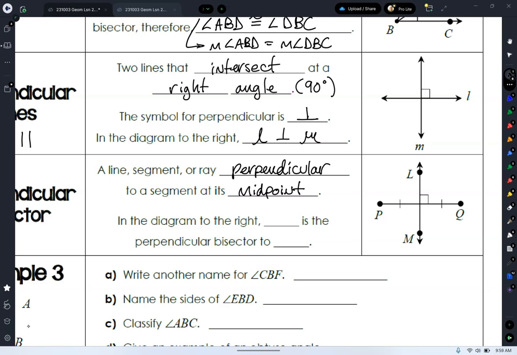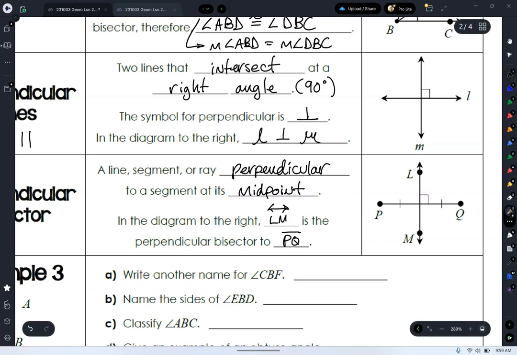Okay? So in the diagram to the right, line LM, because it extends in both directions, is the perpendicular bisector to segment PQ. Got to write that correctly. How do we know it's the perpendicular bisector? Okay, it makes a 90-degree angle. That's the perpendicular part.